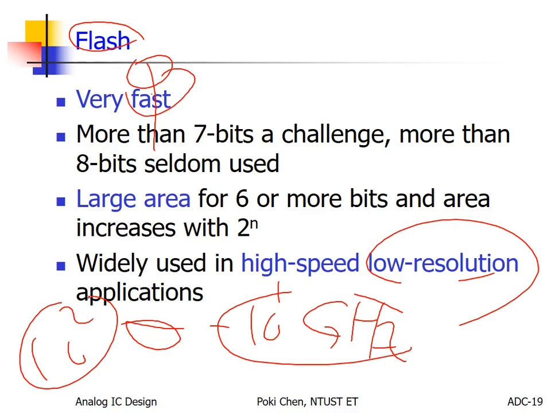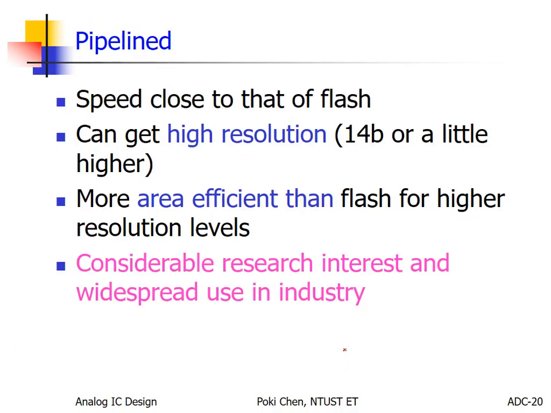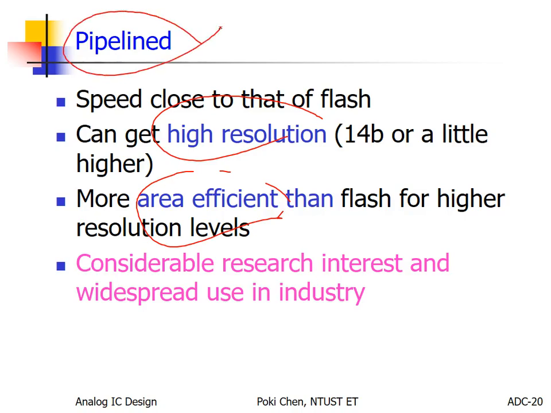So we need to implement tens or even hundreds of ADCs operating at the same time to achieve more than 10 gigahertz in sampling. Pipeline can achieve high resolution, and the area is much less than flash. This is the reason why pipeline ADC gets much more attention, not only from industry, but also from universities.